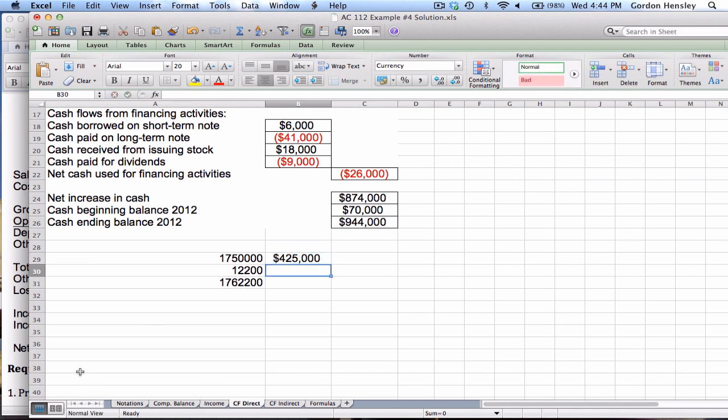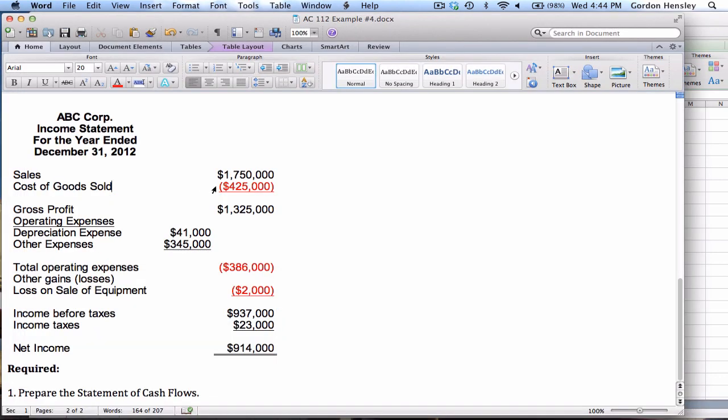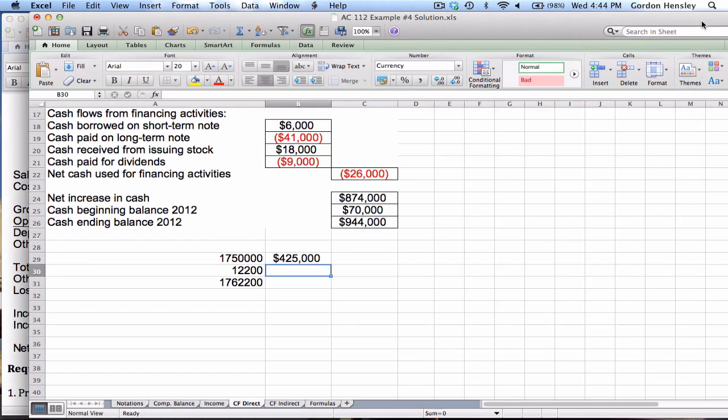Now, one thing I'd point out about this, notice the $425,000 is negative, and it's negative because it's being shown on the income statement. We're showing that it's being deducted from sales, but for calculation purposes, I want to use the absolute value, which is $425,000. The absolute value of anything is the positive number.